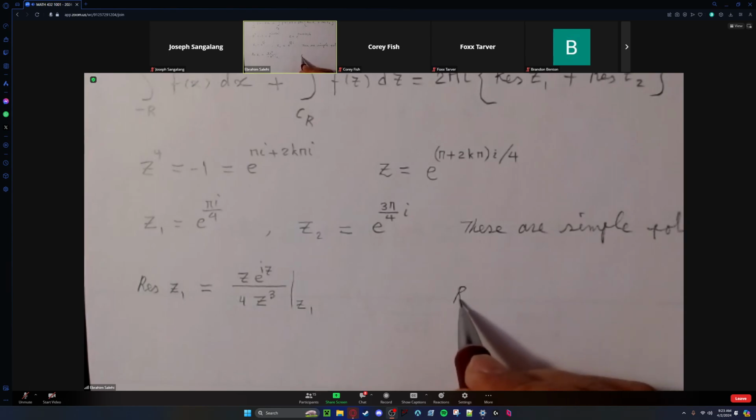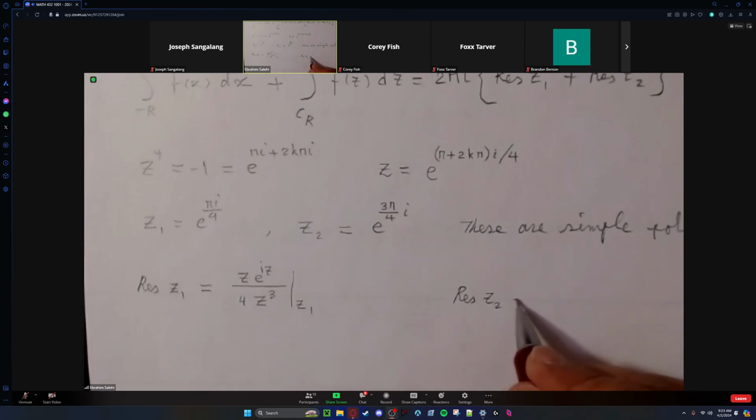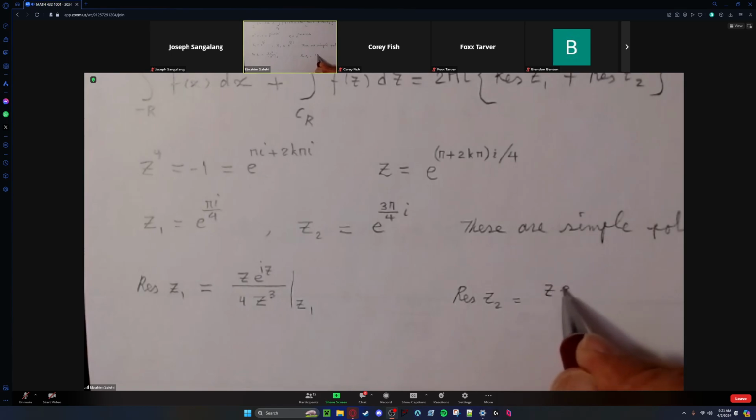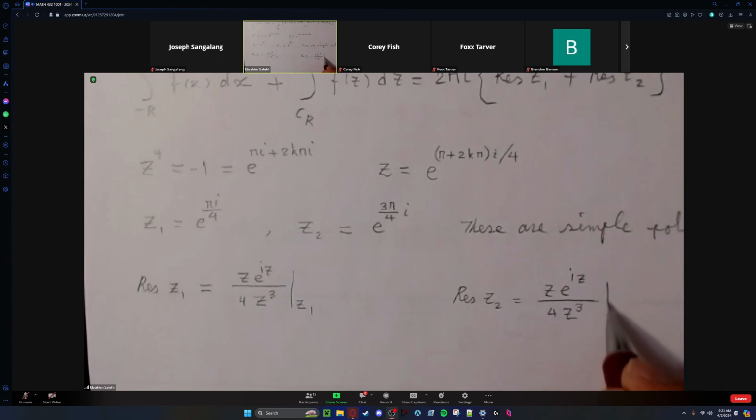Residue at z2 will be numerator divided by derivative of denominator, when you replace by z2.